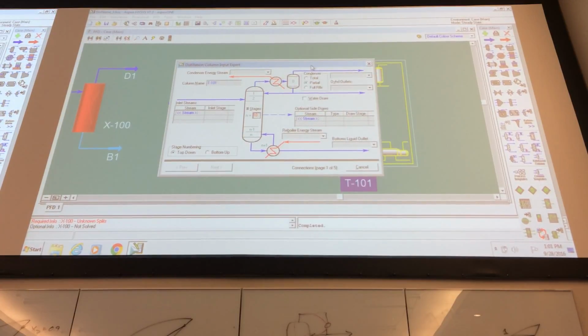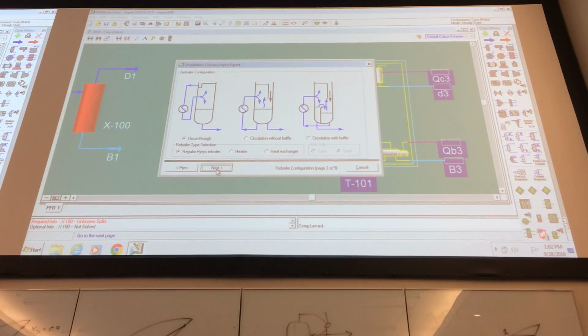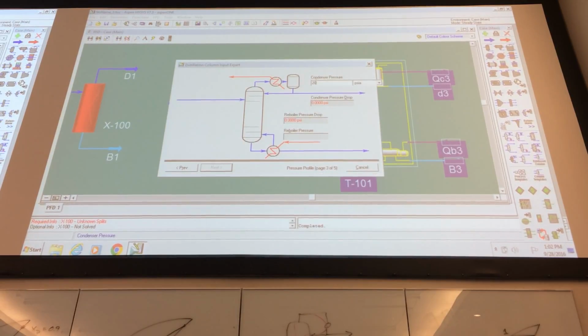Okay, so let's go ahead and set up our column here. How many trays? We had 13 trays. We're going to send in number 3. Feed tray is 7. We're going to use a total condenser. Again, we're going to use distinct names for our energy streams and our products. Boiler is always the same. Condenser pressure was 20.3.